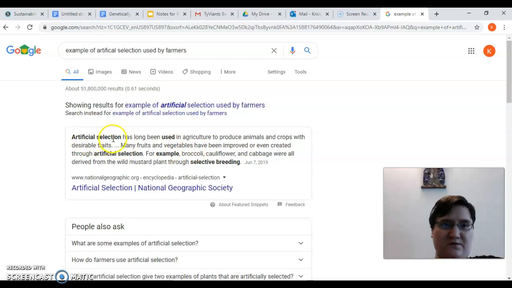So it says artificial selection has long been used in agriculture to produce animals and crops with desirable traits. Many fruits and vegetables have been improved or even created through artificial selection. So broccoli, cauliflower, and cabbage were all created from selective breeding and artificial selection.